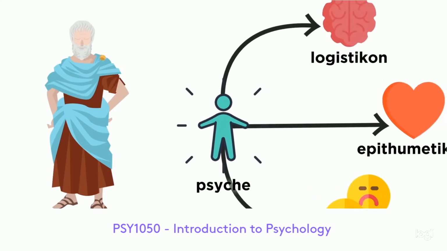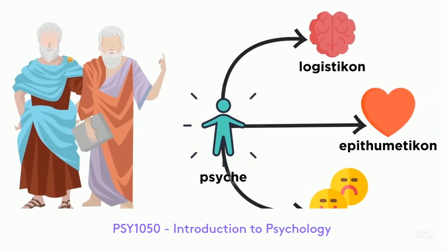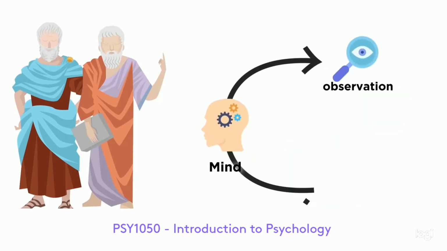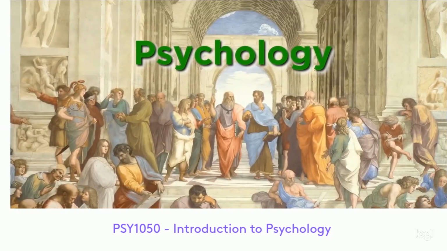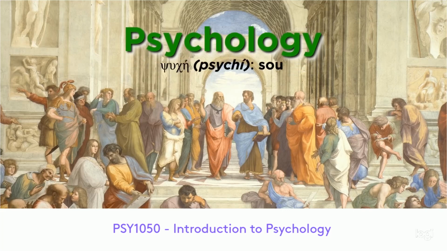A healthy psyche would have all three parts in balance. Aristotle built on Plato's ideas about the mind, emphasizing observation and reason as the way to acquire knowledge and understand nature. These ideas became the foundation of what we consider early psychology today. The Greeks were so influential that we took their word for soul, psyche, and made it part of the word psychology.